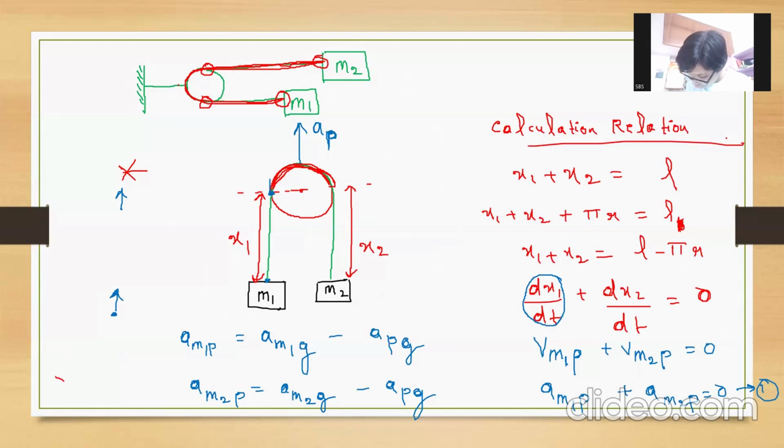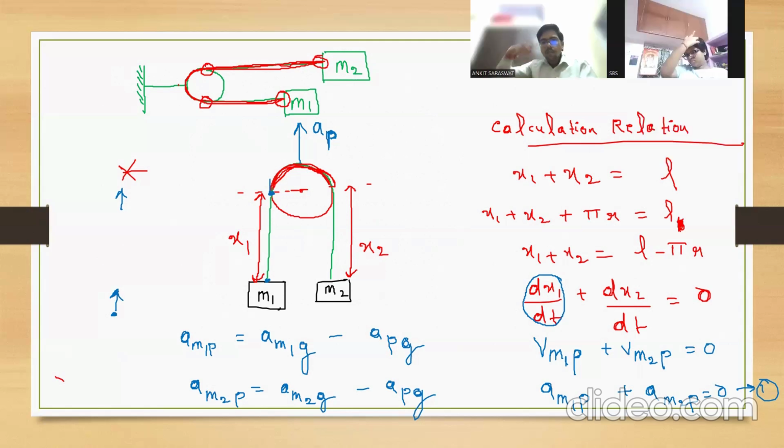So here the pulley is also moving and M1 is also moving like this. Clear? Here, if you look at me, this pulley is also moving and M1 is also moving like this. Both are moving. So this dx1, this change in x1 with time, depends on both pulley and what? Acceleration. If pulley is fixed, then this is zero.